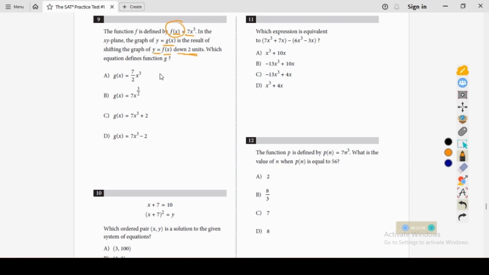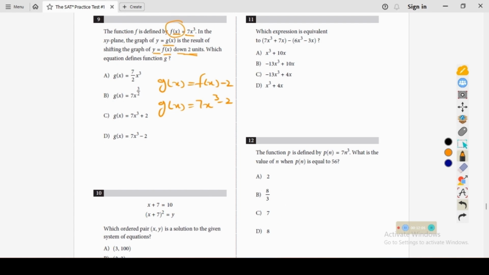Then g of x equals f of x minus 2, and it becomes g of x equals 7x cube minus 2.